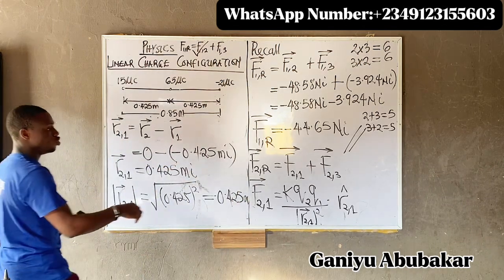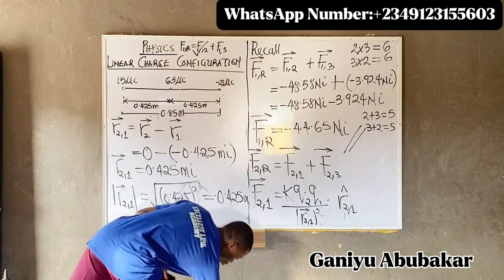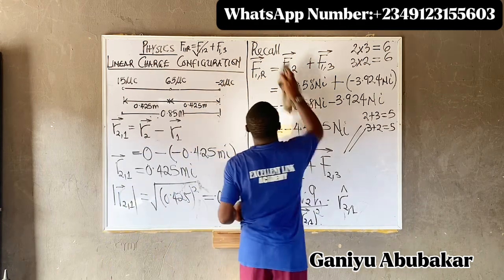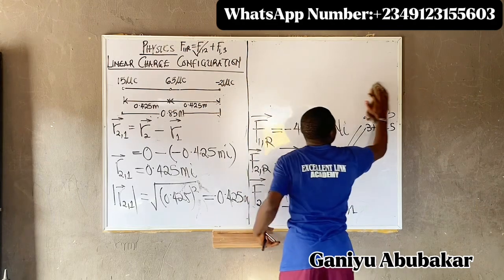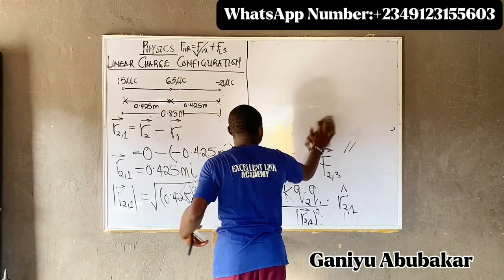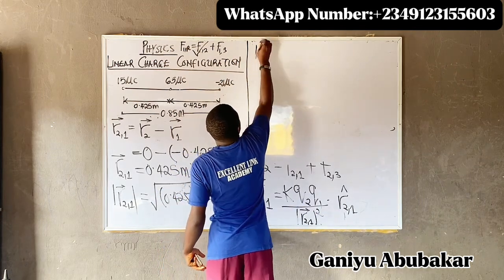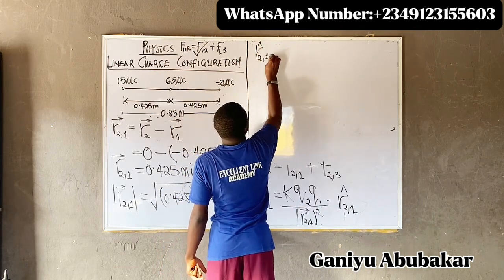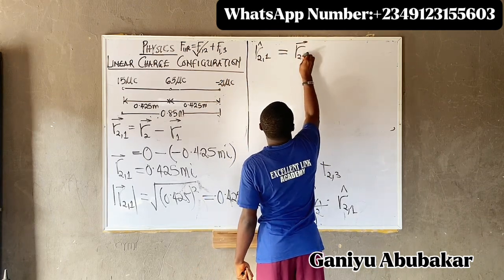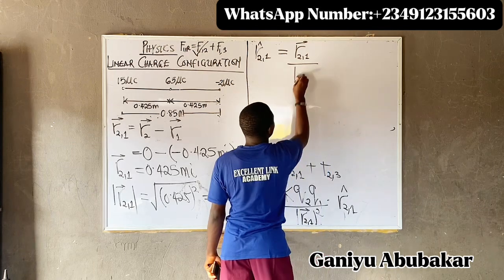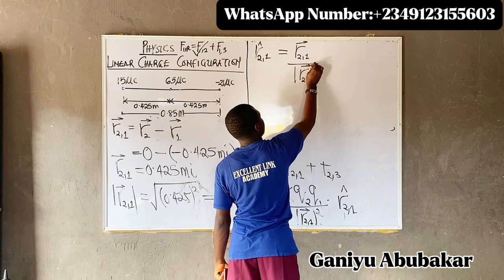Now let's get the unit vector, and then we're done with the illustration. All right, let's get the unit vector. So the unit vector of R21 is equal to the position vector, that's R21, all over the magnitude of R21. I have this. All right.